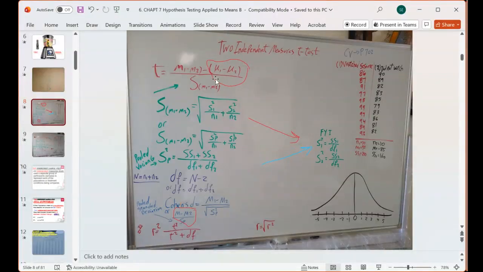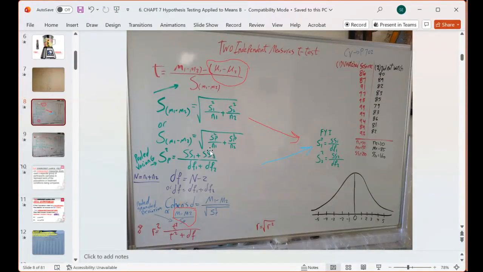That's what the null always says: no difference. So the numerator will be M1 minus M2, the difference between the two means, which is 93 minus 85, which is 8 points, divided by the estimated standard error. There are two ways to calculate the estimated standard error: the long way or the short way.